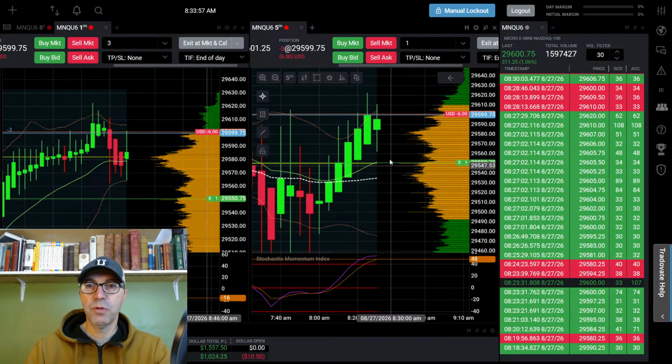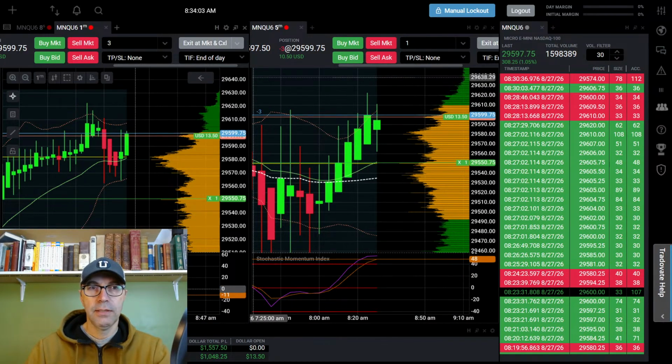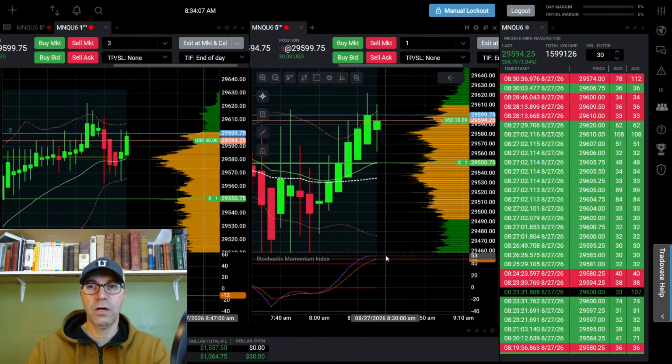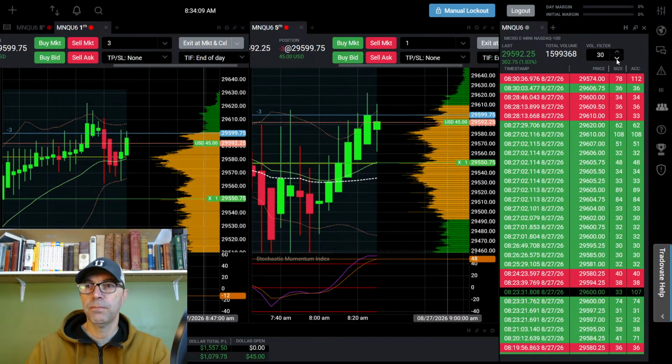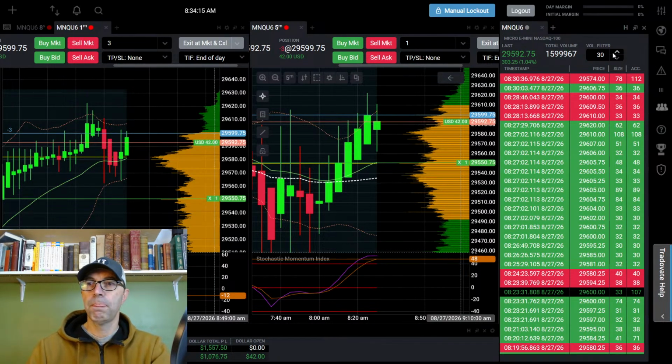So the price never moved back down to the 5-minute point of control. I just bought 3 shorts. 1 minute did move up as a crossover, but we are in the overbought zone on the 5-minute momentum.